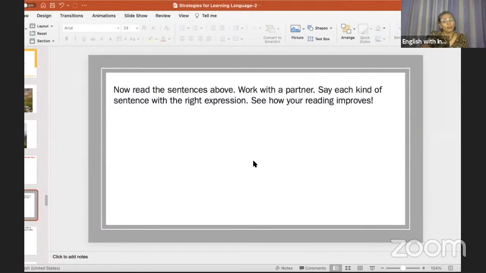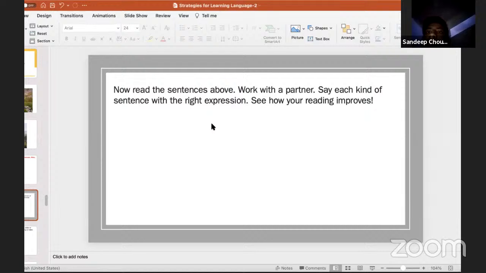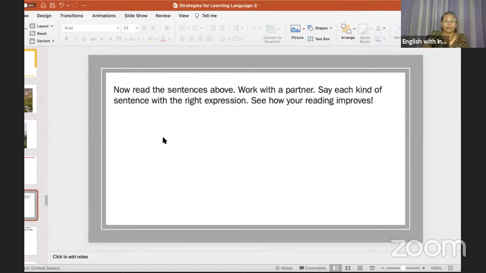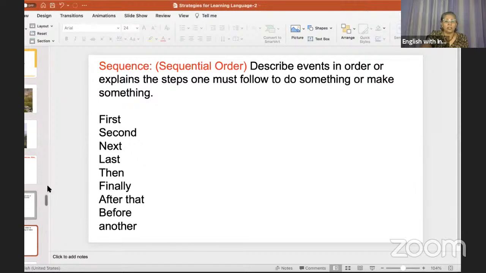This is kind of like a homework. If you want to, you can create some sequentials, and these are the words: first, second, next, last, then, finally, after that, before, another. Now, I keep reminding you, this class is a beginner's class. So whatever I am teaching you is from the simple form, because gradually we will be going towards the complex level.